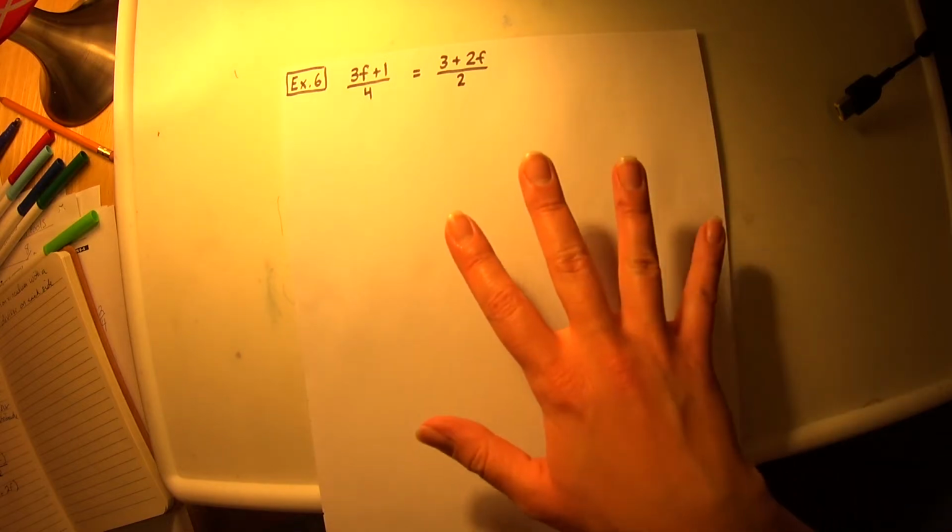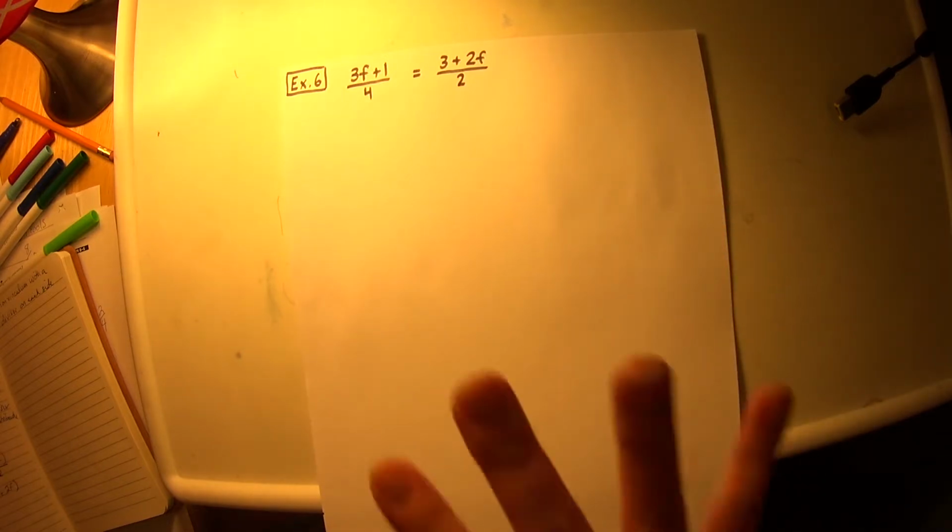There are a few different ways that you can do this, but in this video I'm just going to focus on the one that I believe to be the easiest. This is going to go in the last section of your foldable. Example 6 is the final example we'll be putting in there, so this example finishes off your foldable.